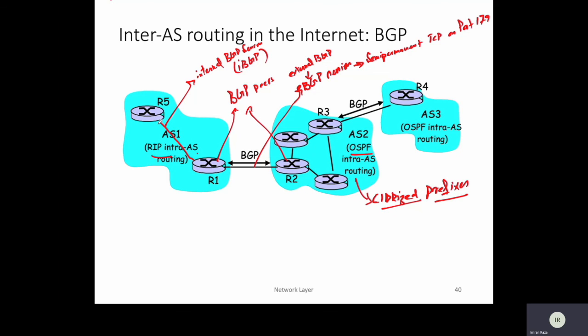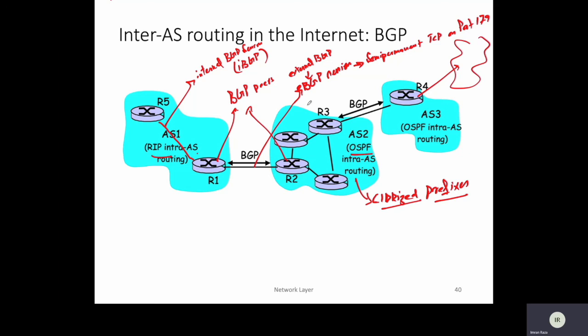So using the eBGP session between the gateway routers, for example, R2 of autonomous system 2 and R1 of autonomous system 1, autonomous system 2 sends what? The list of prefixes that are reachable from autonomous system 2. Similarly it sends the same information to autonomous system 3, and if there were other autonomous systems, this information might be forwarded to them, right?